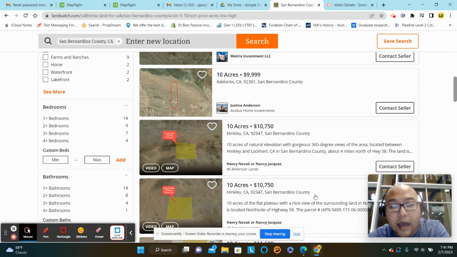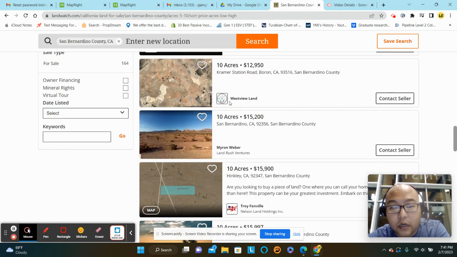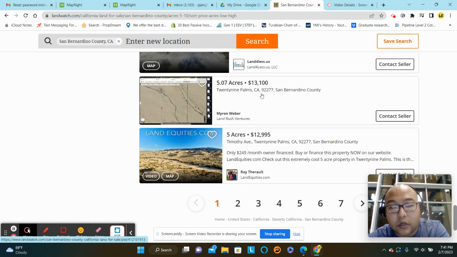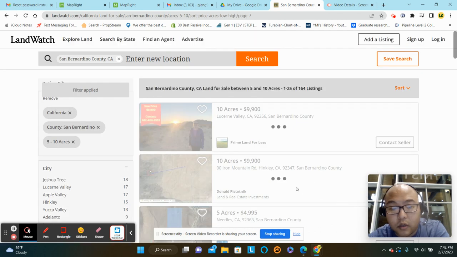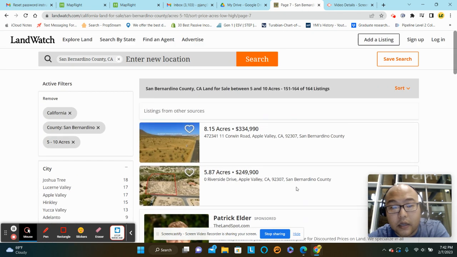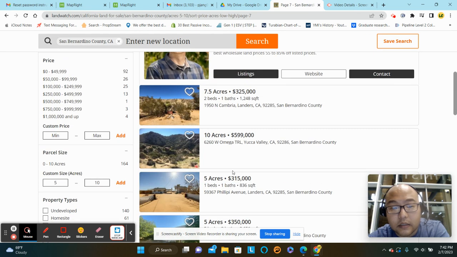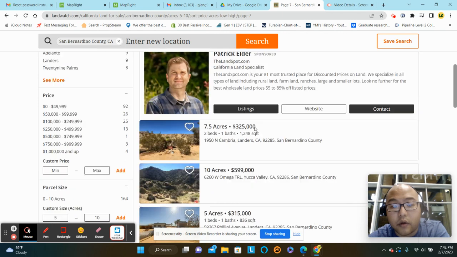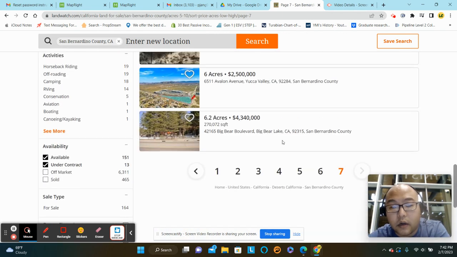So one caveat over here, if you see over here with the names, that shows that these are some kind of land investors. A lot of land investors are in San Bernardino, but if you go towards the back pages, you'll see these are real estate listings from the MLS, and you'll see there's listings for 334,000, right?